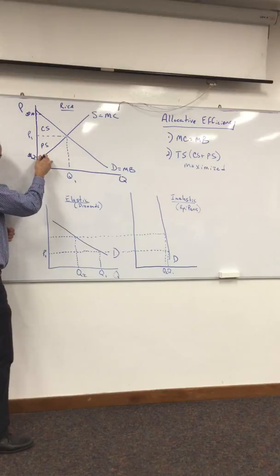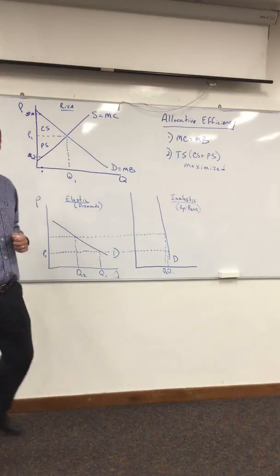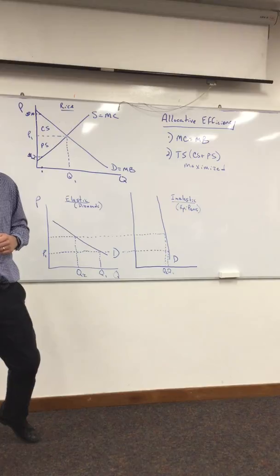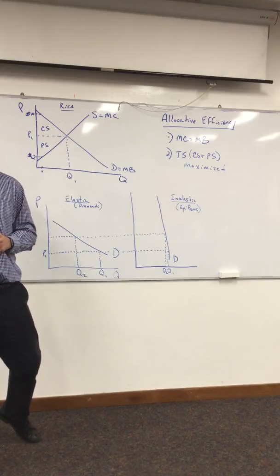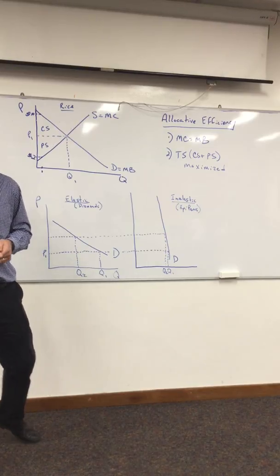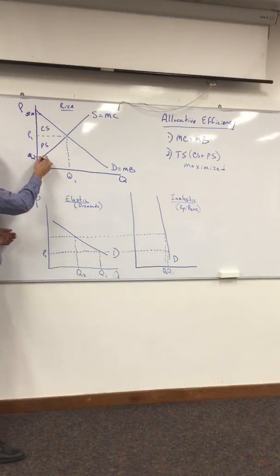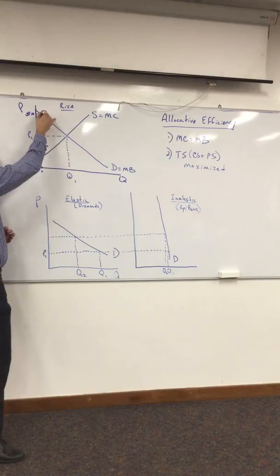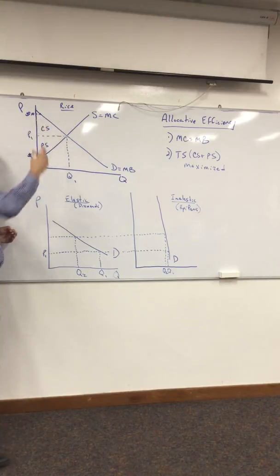But what we give up when we produce that bushel of rice is $2 worth of potatoes. Okay, so this $2 number is an opportunity cost. By using resources to produce this first unit of rice, we have to give up some potatoes, right?